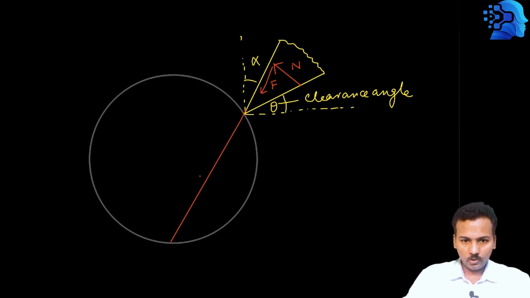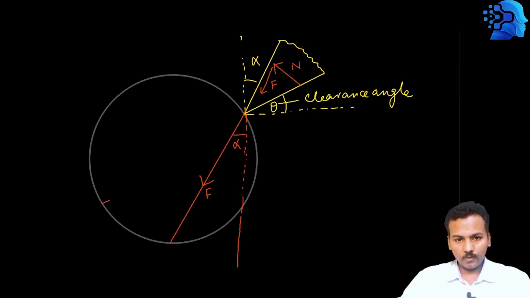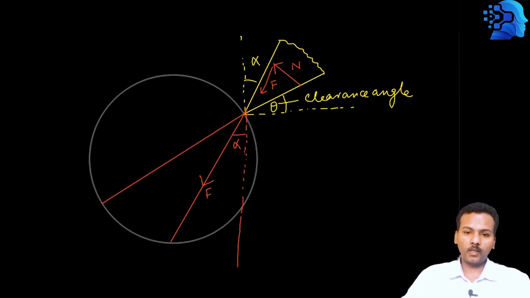So the friction force is drawn at angle alpha. This is the resultant force R. Now this normal to this F is, this is the friction angle lambda.